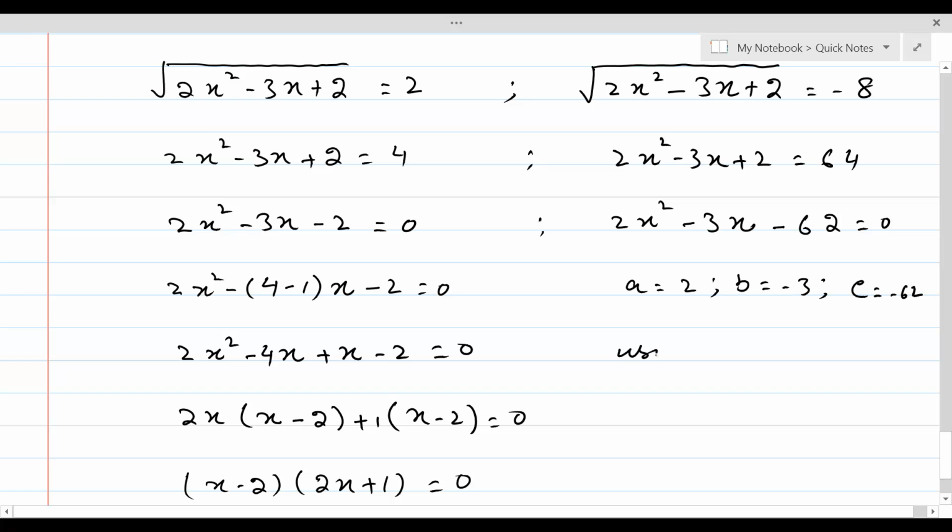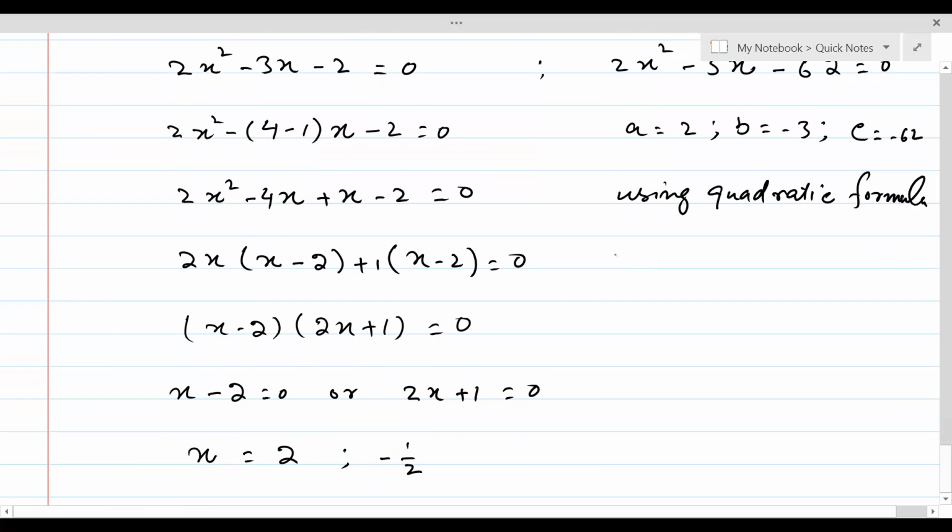So using the quadratic formula, we have x equal to minus b plus minus square root of b square minus 4ac, divided by 2a.